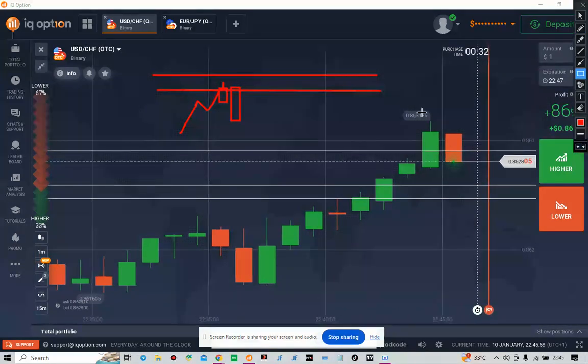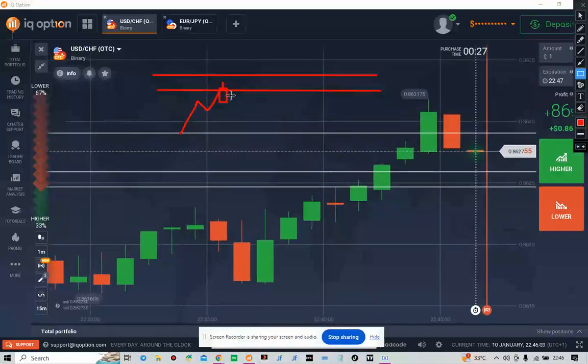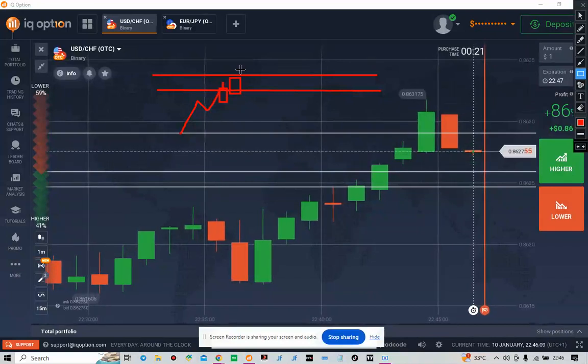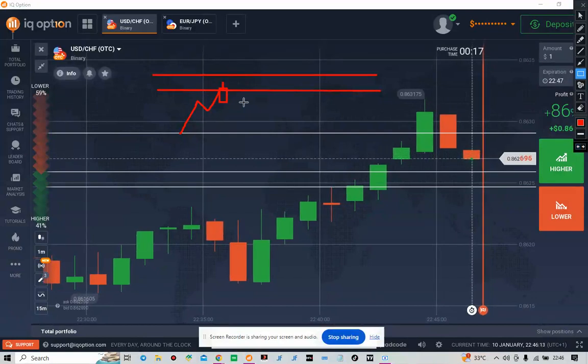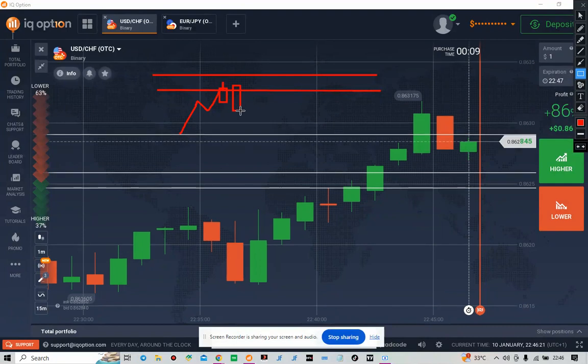But if the opening price of the next candle is here, the buyers will enter again. But if the price gaps up and the opening price is here, sellers are supposed to enter the market. That is what happened here.